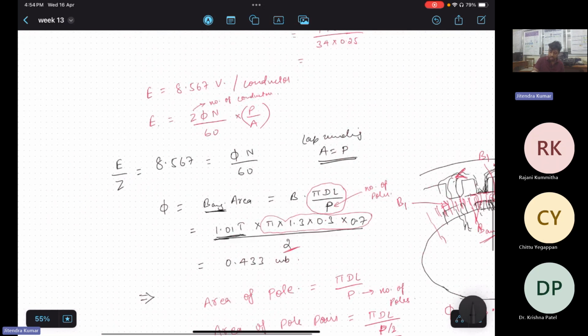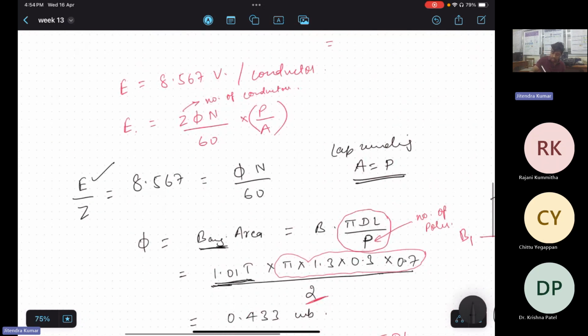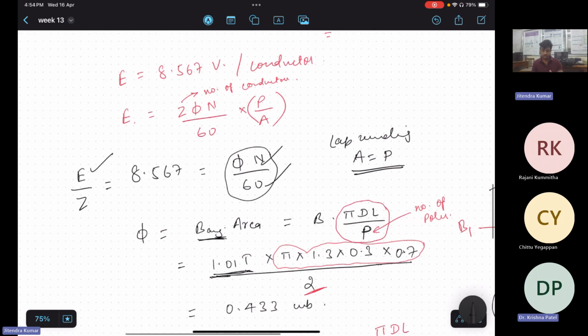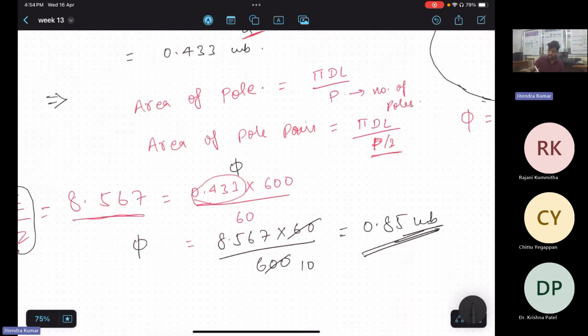Of all the values, E by Z you have calculated. The only remaining thing is phi N divided by 60. N is given, 60 is given, only phi is remaining. So by cross calculation you can find the value of phi, and that value is 0.8567. Then what about 0.433, sir?